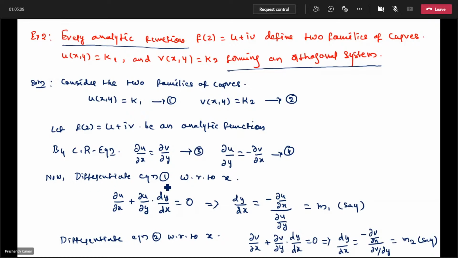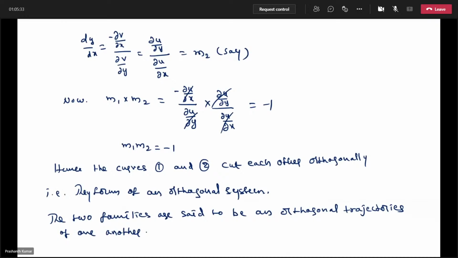Differentiating equation 1, that is u, with respect to x, and differentiating equation 2, that is v, with respect to x, and we are finding dy by dx from each. This one we take as m1 and this one as m2. If m1 m2 is equal to -1, then we say that these two curves cut each other orthogonally.